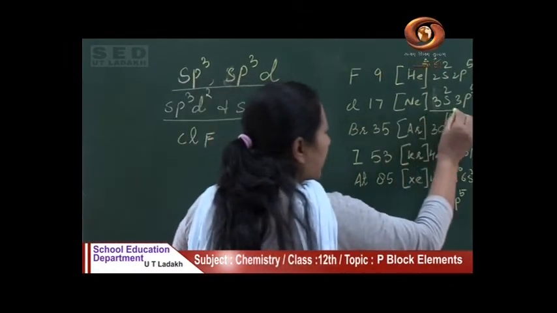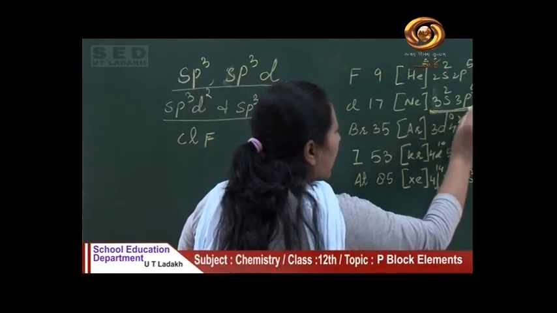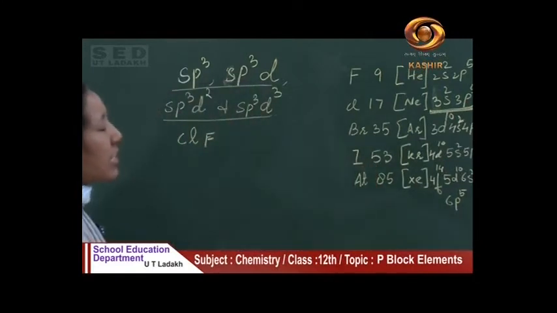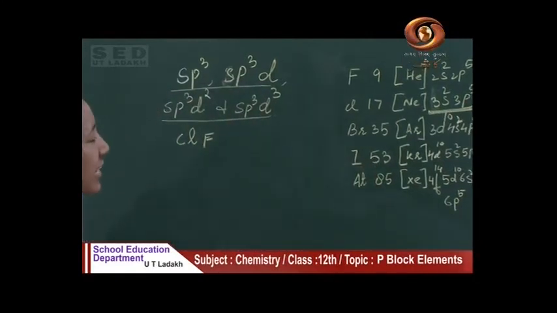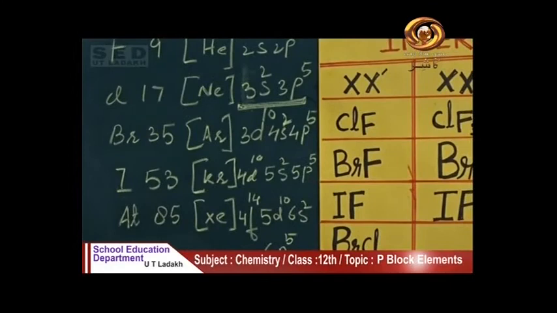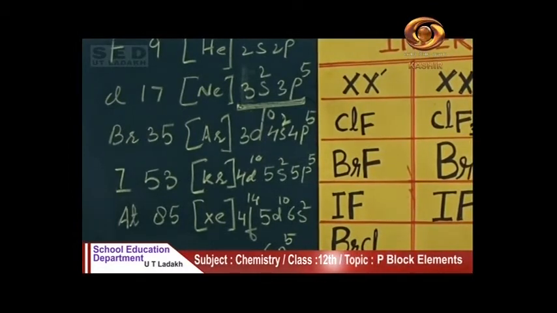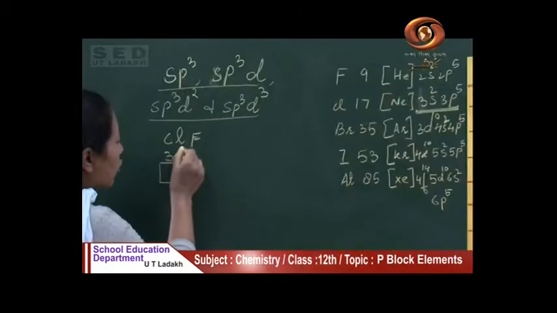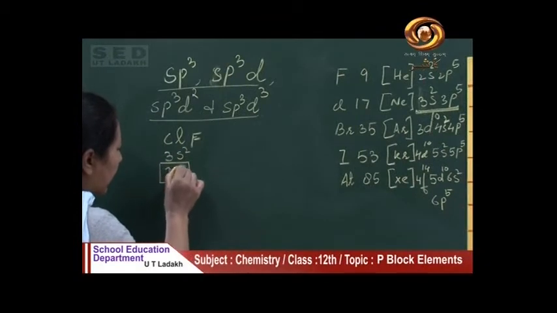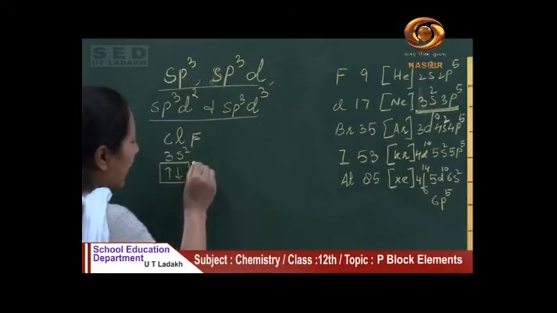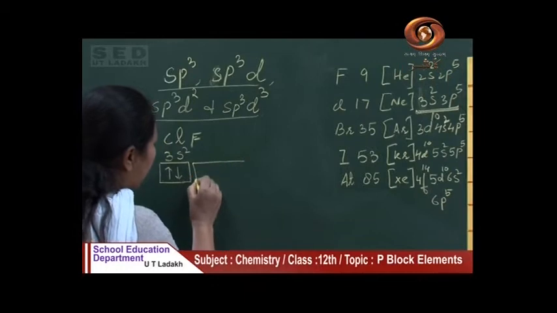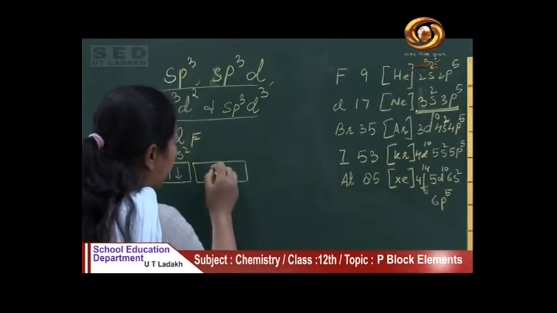Students, see here, the outermost shell of Cl contains 3s2, that is fully filled, and 3p5.